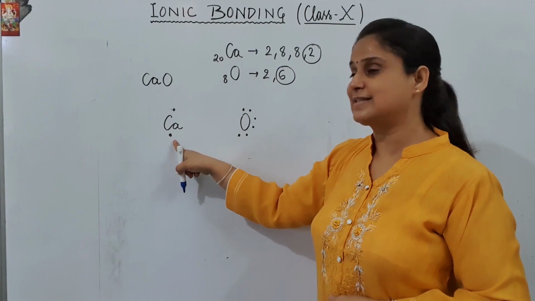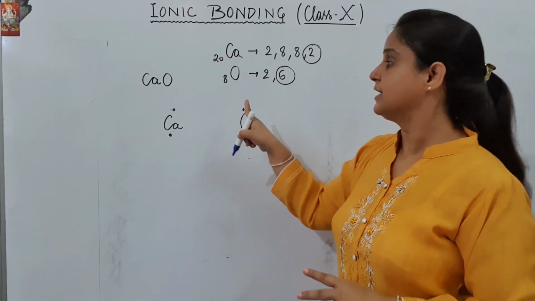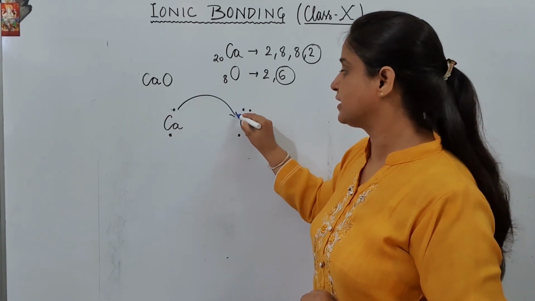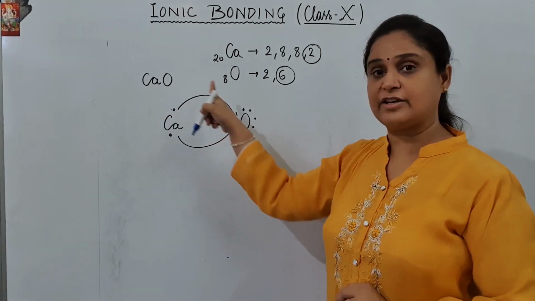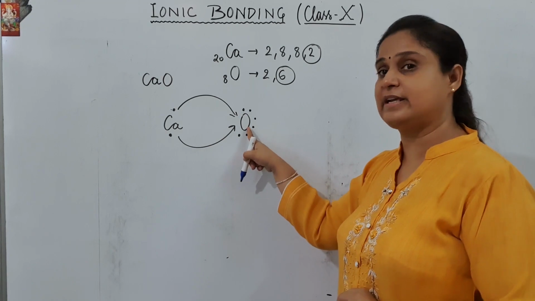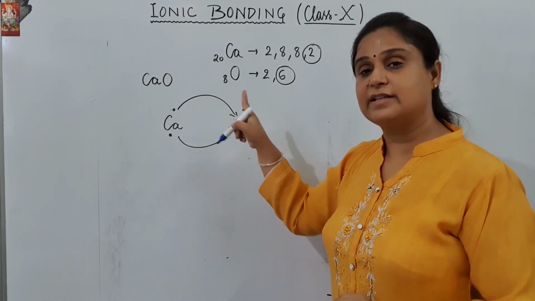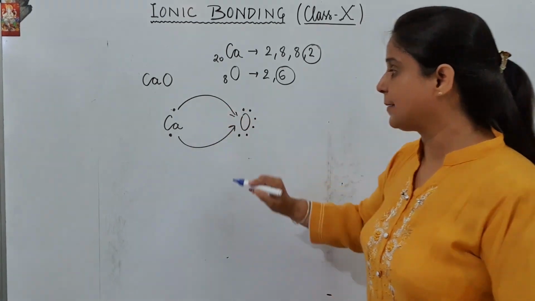Calcium wants to lose its 2 electrons to get stabilized. Oxygen wants to gain 2 electrons to get stabilized. This is going to donate its electrons completely. Electrons are being transferred completely. The head of the arrow is towards the oxygen, meaning who is getting the electron? Oxygen. So what will happen then?